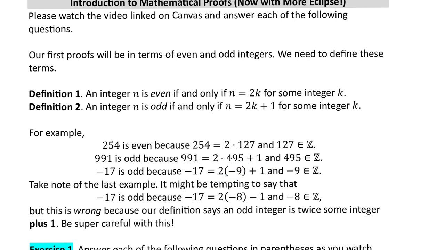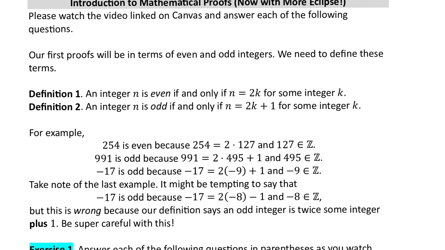You might have said, wait, negative 17 is 2 times negative 8, which is negative 16, minus 1. Negative 8 is an integer, and so that's how we know negative 17 is odd. We're not wrong that negative 17 is odd, but we are wrong in the way we've applied the definition. The definition of odd always requires that we add 1 after multiplying by 2.